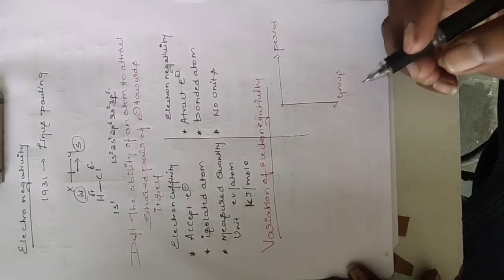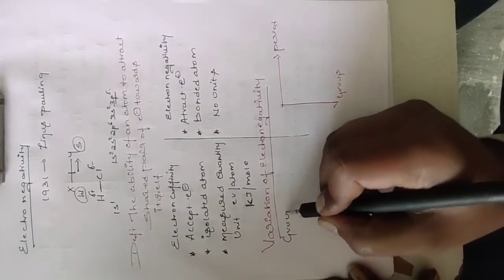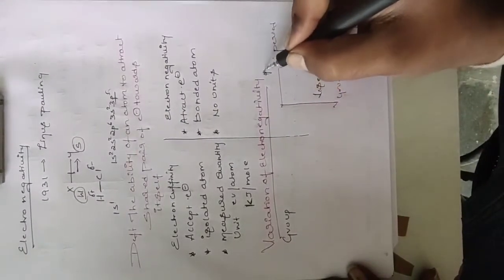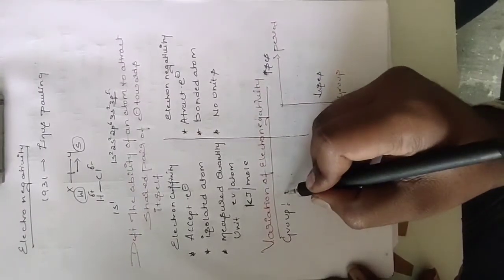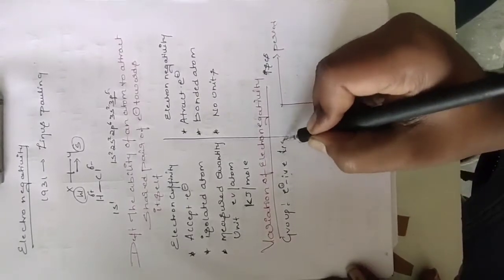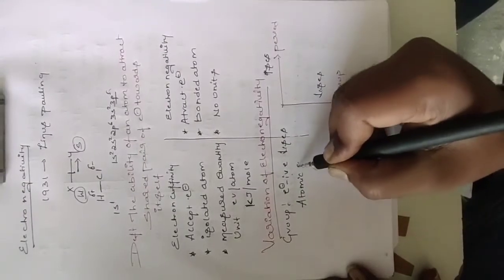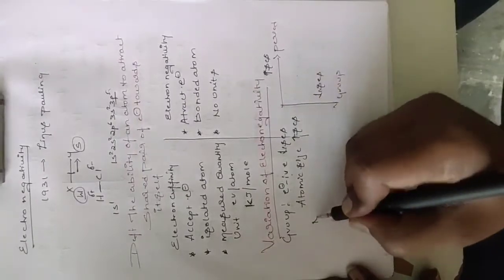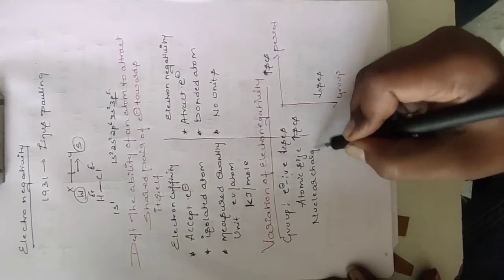Down the group, electronegativity will decrease, because atomic size increases and nuclear charge quite commonly decreases.